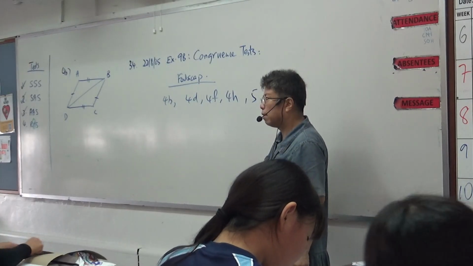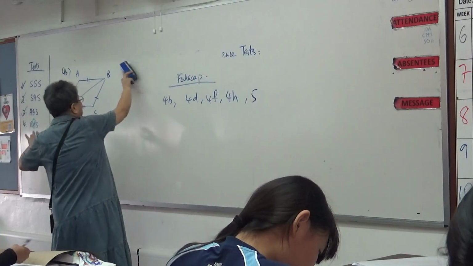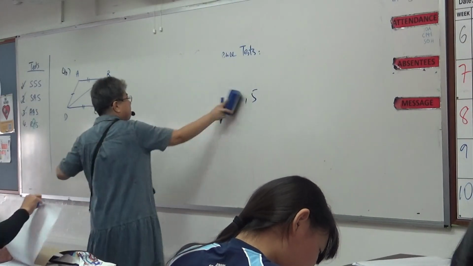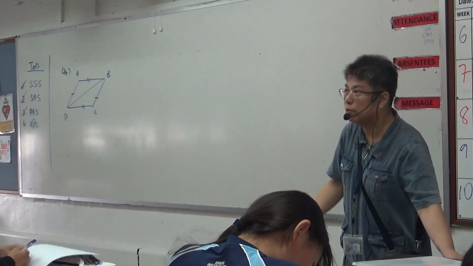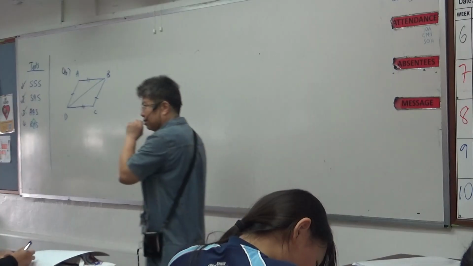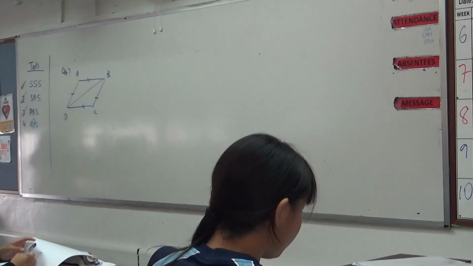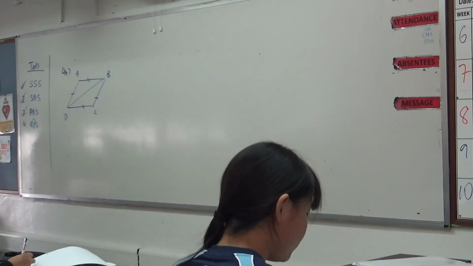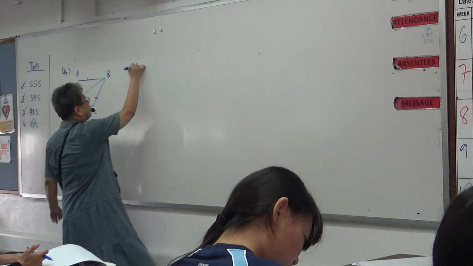Okay, alright. Now, by looking at the diagram, can you tell me which test you intend to use? 1, 2, 3, 4, which one? Which test you intend to use? 1, right? So let's write down.